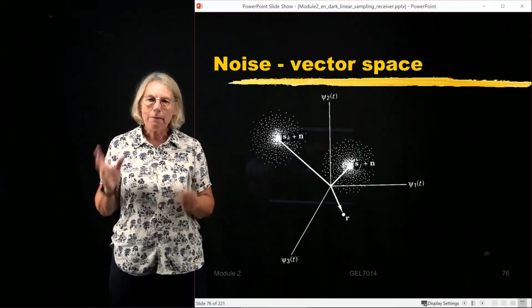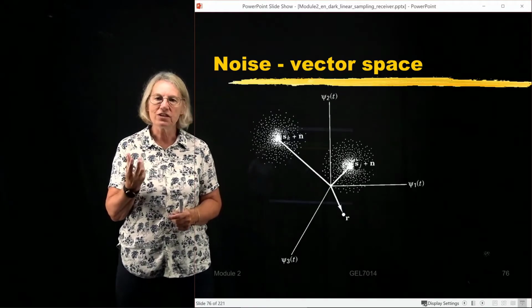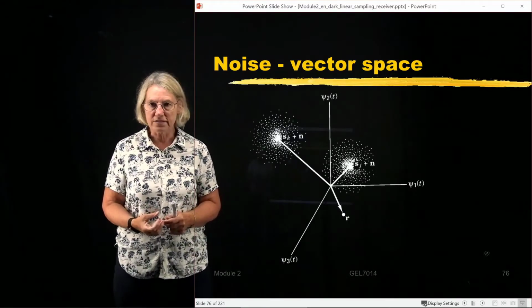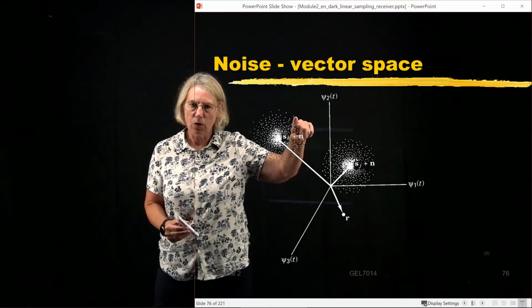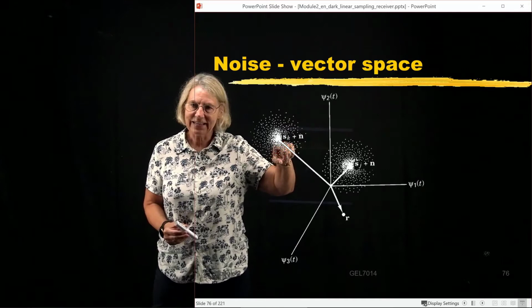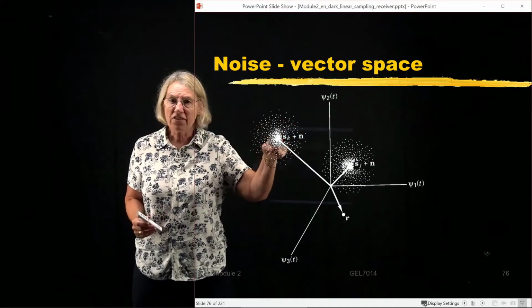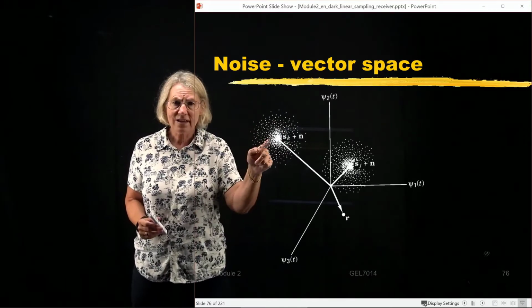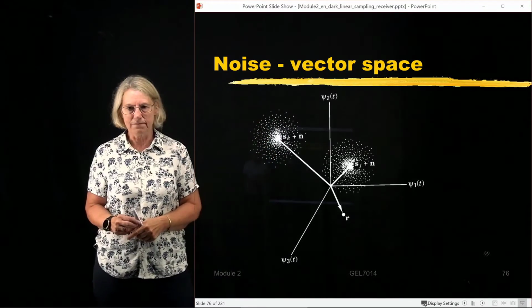But what happens is each time I send a symbol, there's a different realization of the additive white Gaussian noise. So one time I might have a big hit of noise, and instead of landing exactly on the point which was transmitted, I'm quite a bit away from it. Another time there could be very small noise, and I could fall almost right on the transmitted symbol.